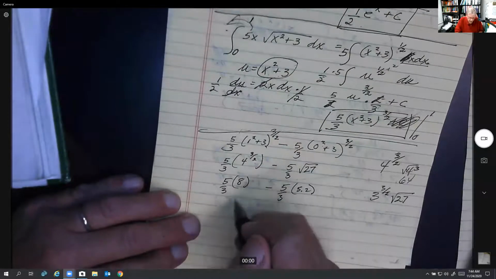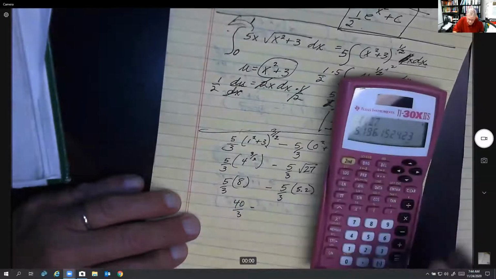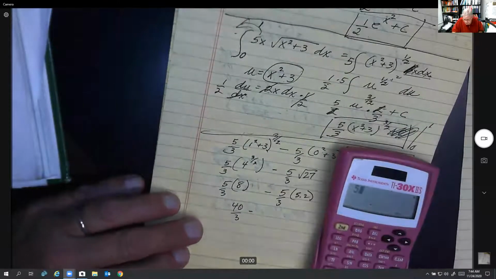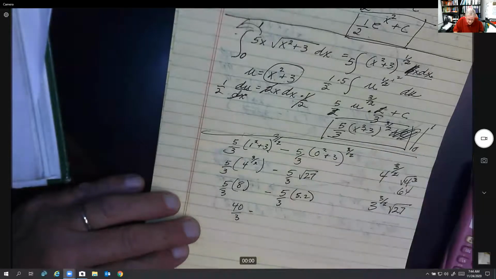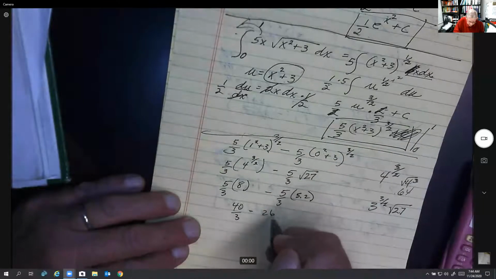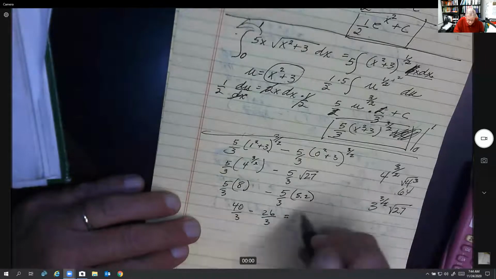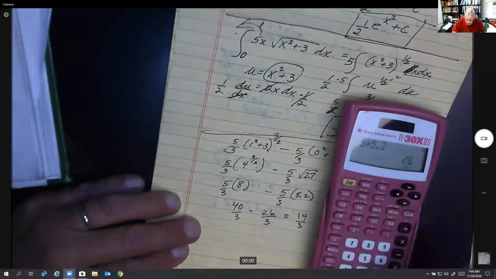So I got 40/3, take away 5 times 5.2, which is 26/3, equals 14/3.